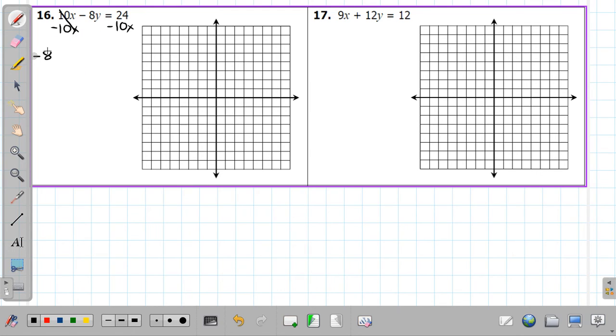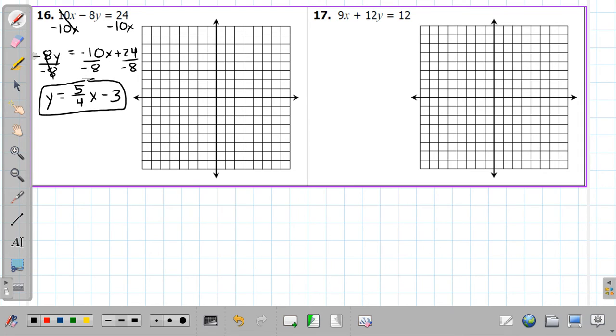Then we divide by negative 8. So we get y is equal to, negative over negative is a positive. This reduces down, though, to 5/4 x. And then positive 24 over negative 8, that's a negative 3.